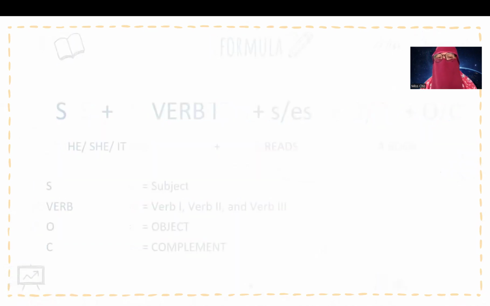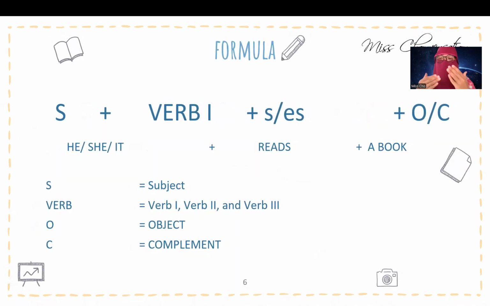Next, when we are talking about he, she, it as subjects, we add something after the verb. We need to put S or ES. So he reads a book, she reads a book, and it reads a book. It can be a robot.